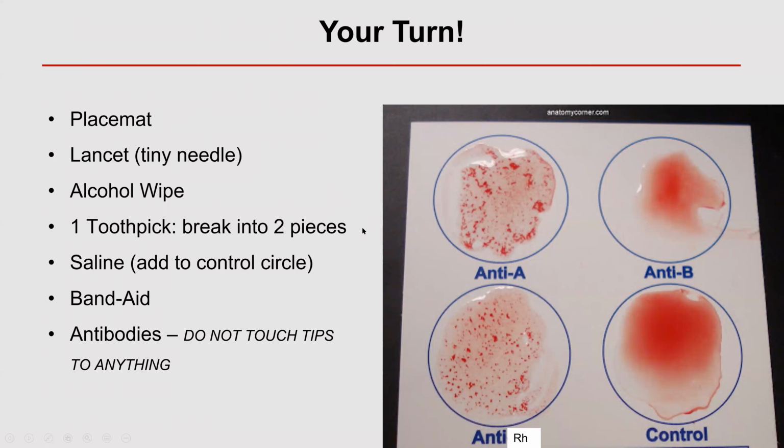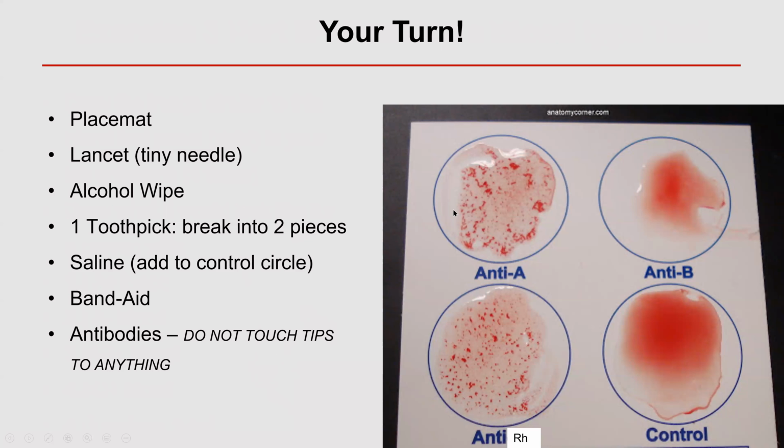So you'd have essentially 4 little stir sticks, saline to add to the control circle, a Band-Aid to cover your pricked fingers, and your antibody serums in different vials. So anti-A, anti-RH, and anti-B serums of those antibodies. You can use these materials essentially to carry out the test, just as I described.